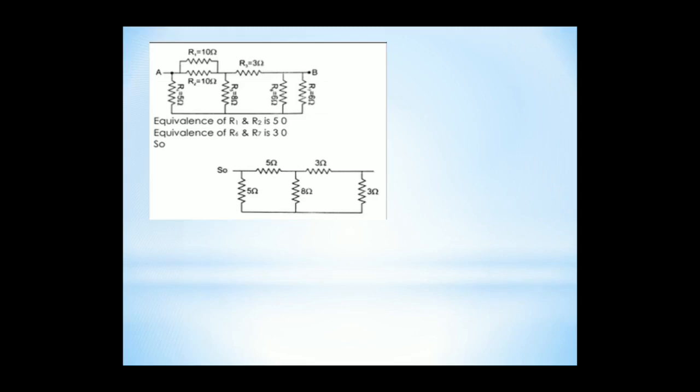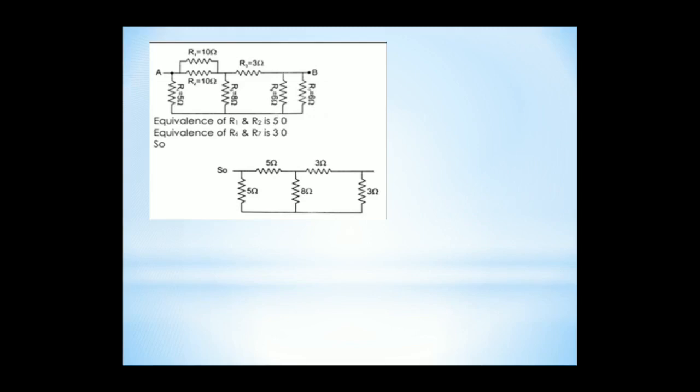So when we solve R1 and R2 for their equivalent resistance, we will have 5 ohm resistance. Similarly, for R6 and R7, on the right hand side, both R7 and R6 are equal to 6 ohm. When we find their equivalent resistance, it is equal to 3 ohms.